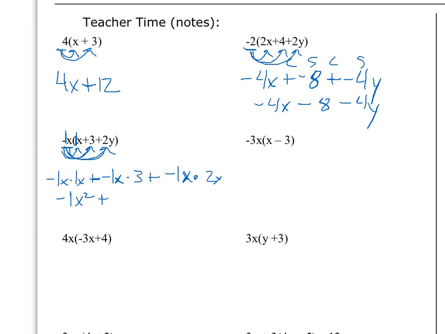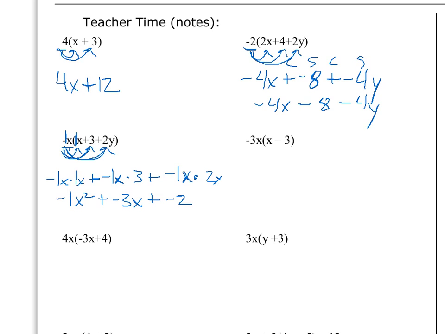For this next term, we have a negative 1 times an x times a 3. I can multiply the negative 1 times the 3 and I get negative 3x. And over here I have negative 1 times 2. That's negative 2. And I've got an x times a y.